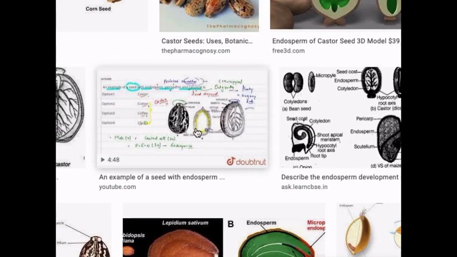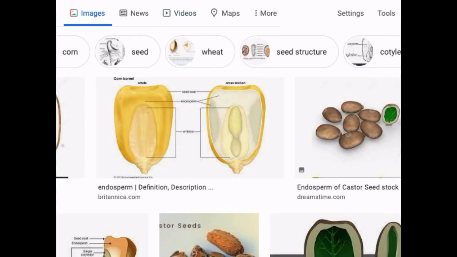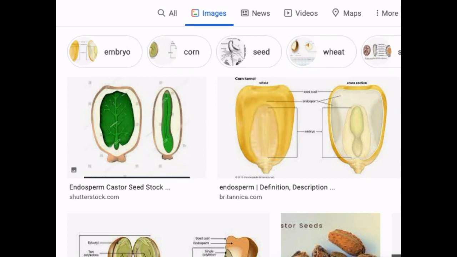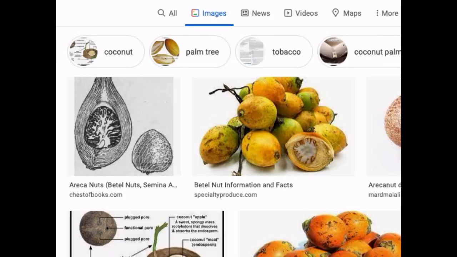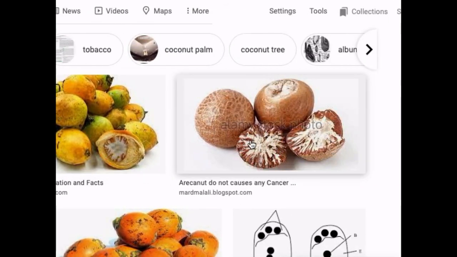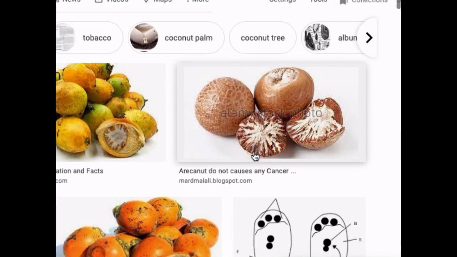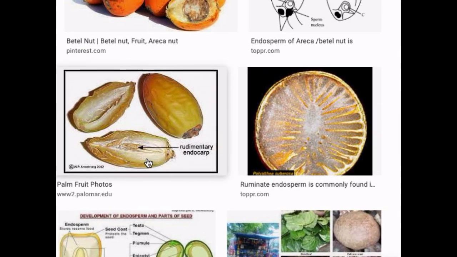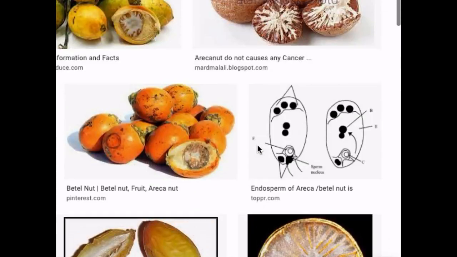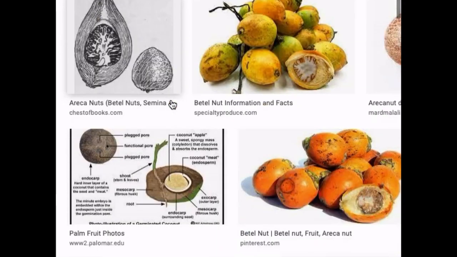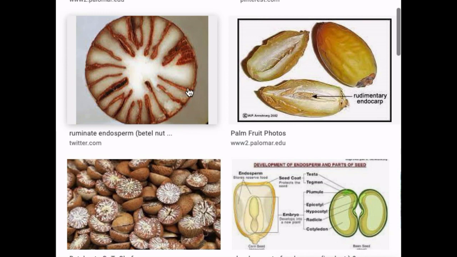Even in the betel nut, the quai or pan that you eat, you can see the endosperm, which is a part of the seed. Those are physical plants where you can still see the endosperm, but otherwise endosperm is going to be absent.